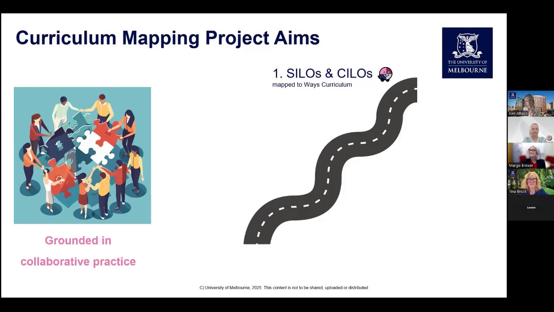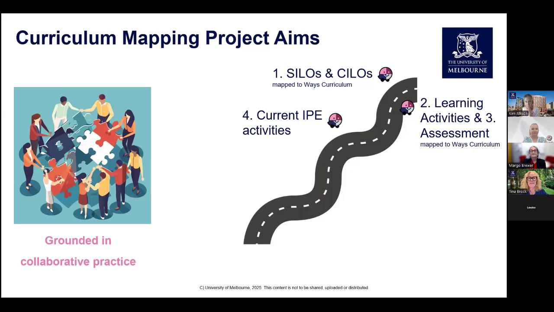And then we wanted to derive exactly what was being delivered, so not just the planned curriculum, so we were looking for the learning activities and the assessments that were underway, as well as identifying other IPE initiatives, because obviously within this faculty we have fantastic academics that have been developing their own IPE through their portfolio. So we wanted to pick up on what was being done.